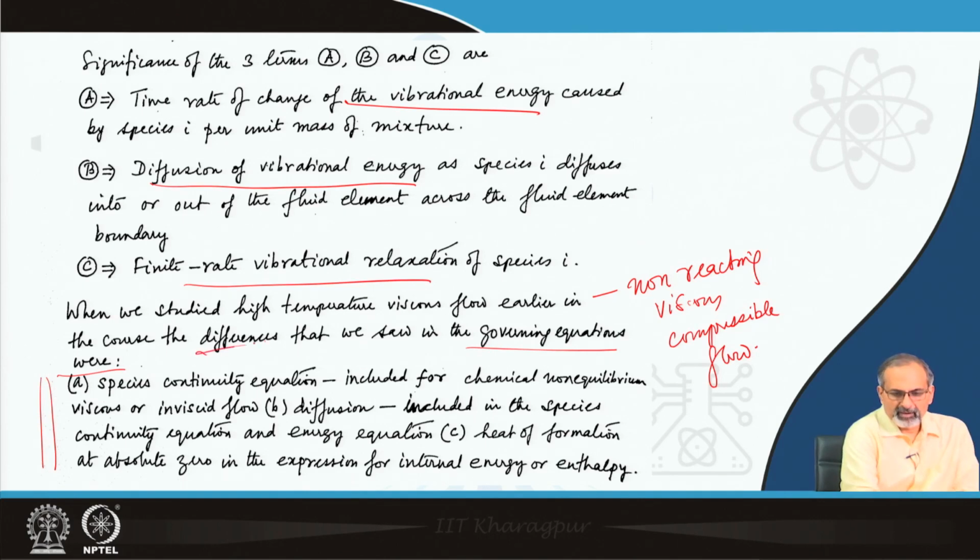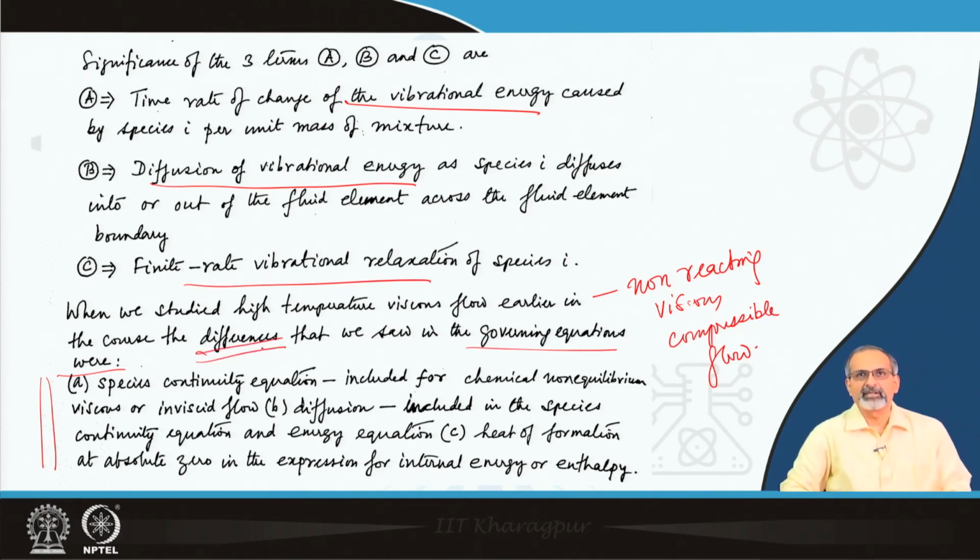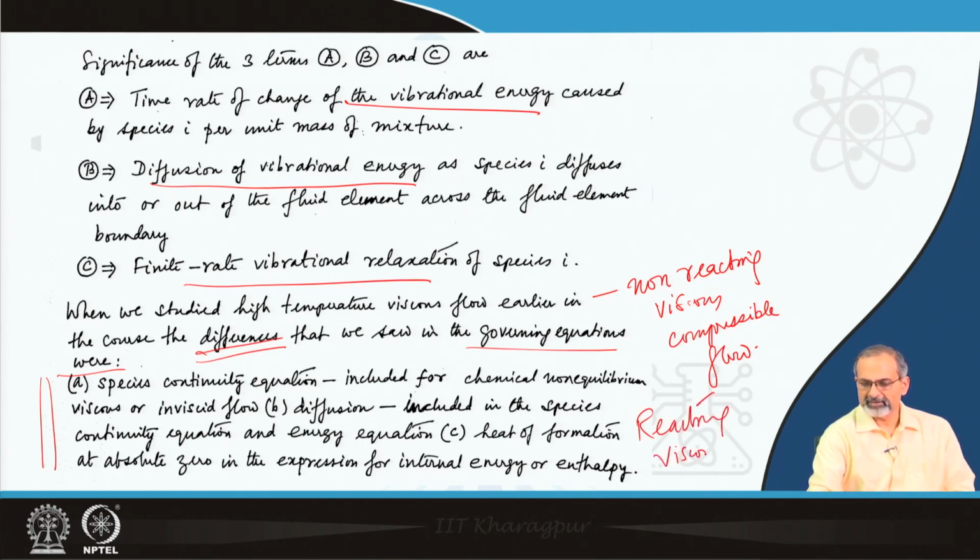So, there are differences that we are seeing over here when we talk about the reacting viscous flow, and essentially what we are highlighting over here are the differences. The first difference is that we have the species continuity equation included for chemical non-equilibrium, either viscous or inviscid flow.